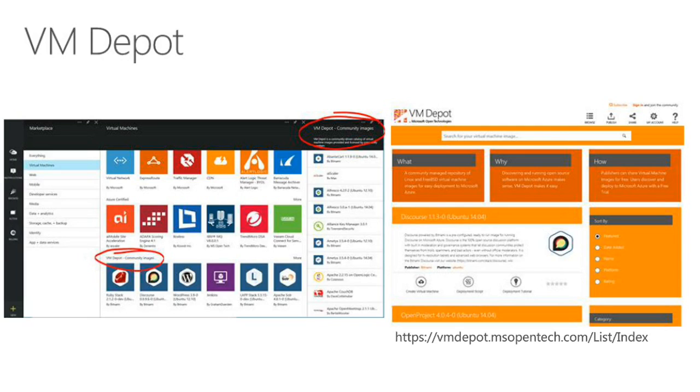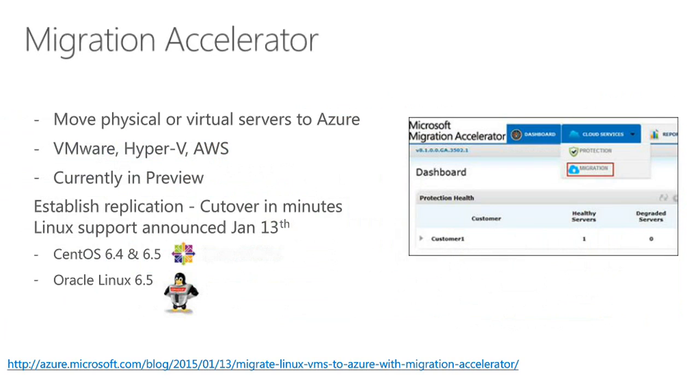Now, if I go back to my slides, we talked about this. The other path for you to start is, say you already have a virtual machine running on premises. It's running on Hyper-V, it's running on VMware, or maybe you already have a Linux virtual machine running in Amazon, for example. And I want to be able to migrate that to Azure.